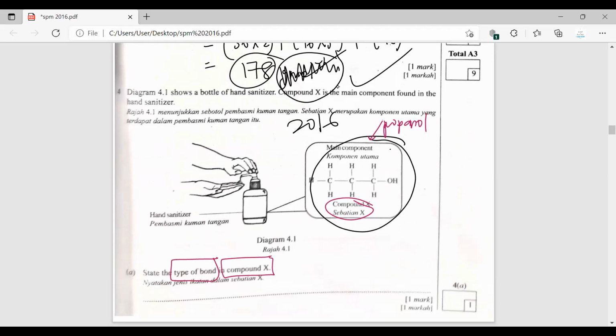Okay, who would like to answer? Navina. Type of bond in propanol, Navina. Covalent bond. Very good. So you only got 2 bonds. You only can answer covalent bond. Okay, I want to ask you, class, you must tell me whether accepted or not. Can I answer covalent compound?